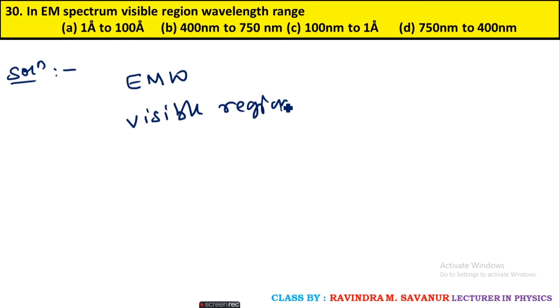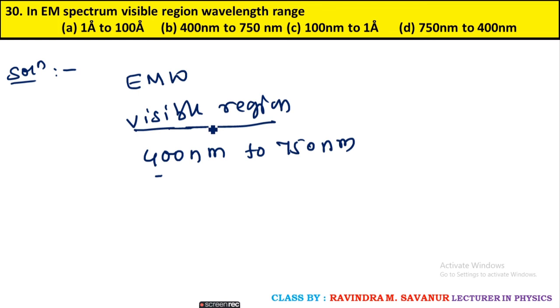So the answer is 400 nanometer to 750 nanometer. This is for the visible region. It is given in the synopsis, the whole chart of the electromagnetic spectrum, so go through it. So answer is B, 400 nanometer to 750 nanometer.